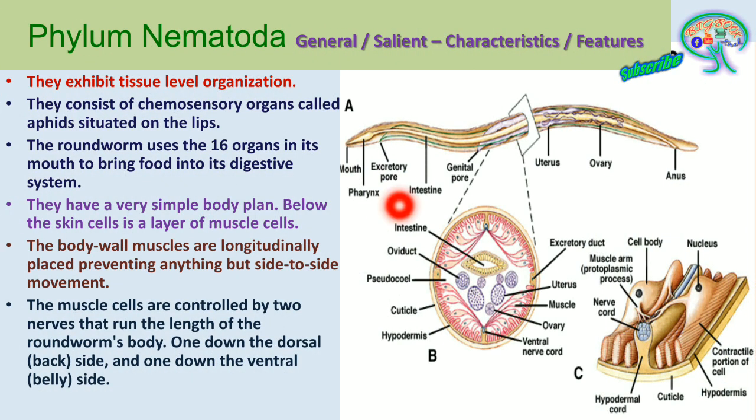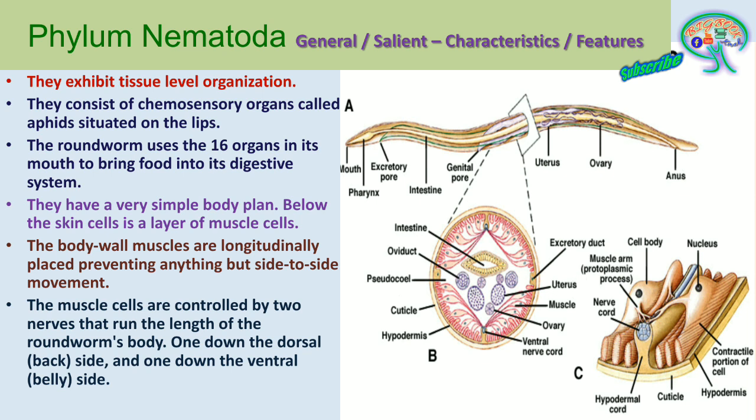These exhibit tissue level organization. So here tissue level organization means that the nervous tissue, the digestive system, muscle tissues, and excretory organs each have different kinds of tissues. So this is called the tissue level of organization.